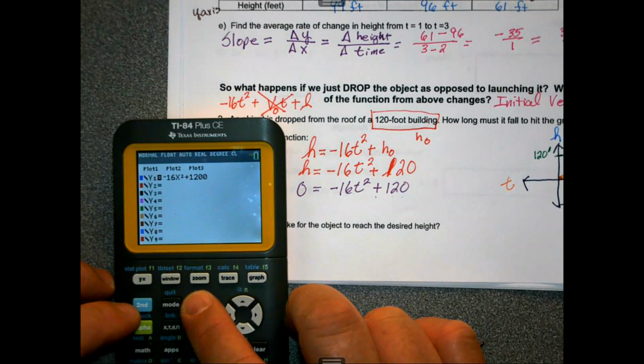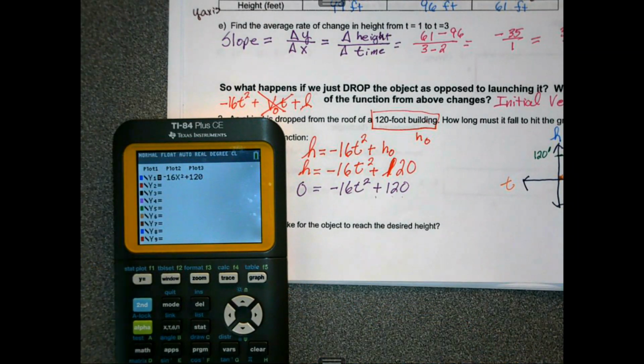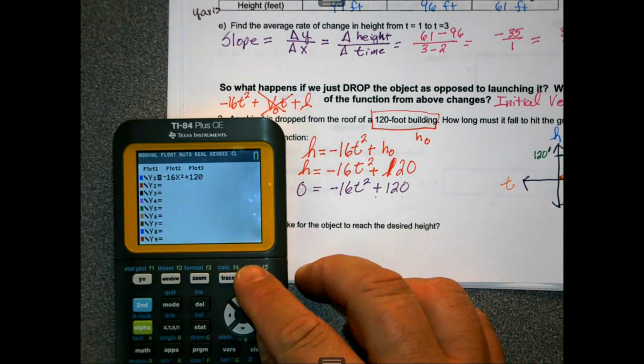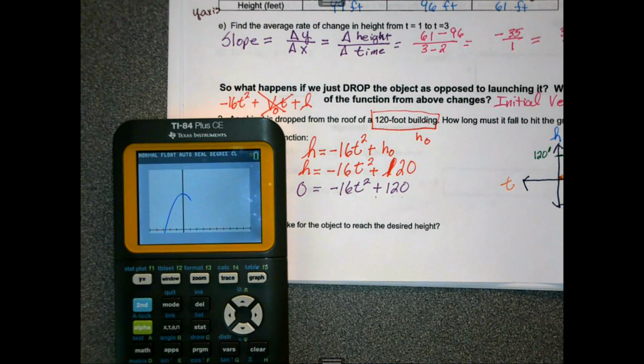Got a delete button, delete, delete. Okay. Now remember my window parameters I messed around with last problem, right? I'm just going to graph this and see where it's at right now. Well, it's not too bad actually.